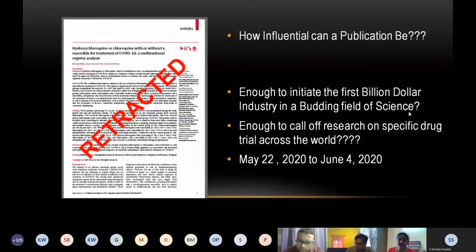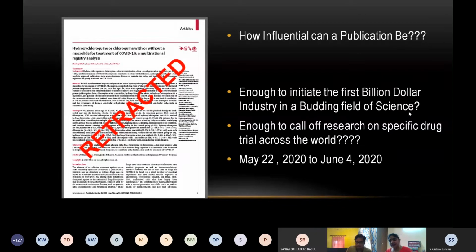Lancet is a publisher and they published a study about the trials utilizing hydroxychloroquine as a possible drug for COVID-19, and within less than 12 days of its publication, the publication garnered so much international visibility that the WHO had to step in, and the Indian ICMR also had to respond to what the publication was claiming.